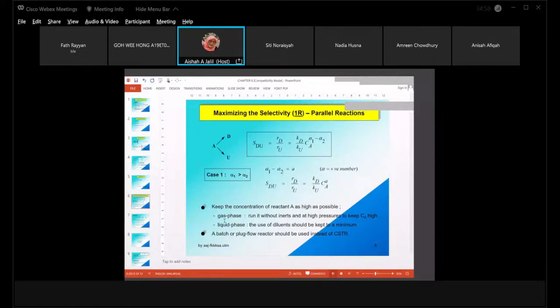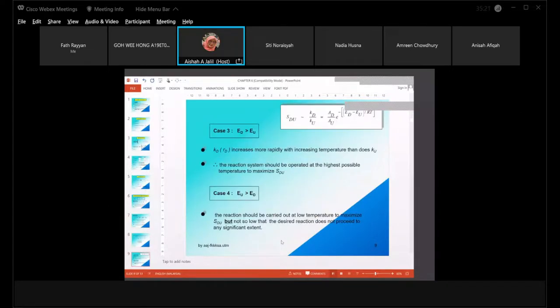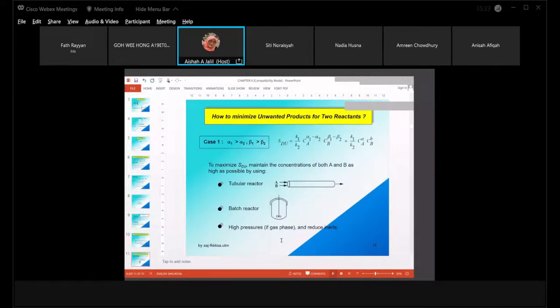And then for concentration, we have two, gas and liquid, and then you choose the reactor. So for the lower concentration, usually they use CSTR to maintain the concentration of A at a low level, okay. You also can use a recycle reactor. I do not have the picture here.